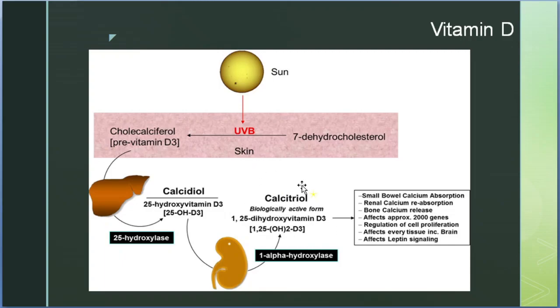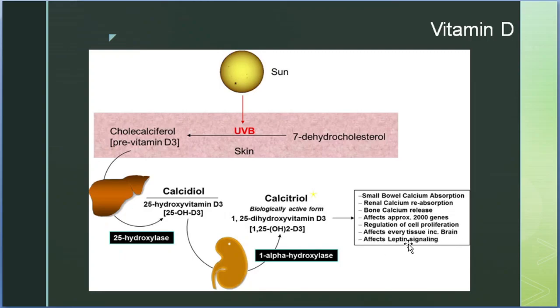So anong effect ng ating calcitriol sa ating katawan? First, small bowel or small intestine calcium absorption, which is the main net effect of your vitamin D3. There could also be renal calcium reabsorption, bone calcium release. It also affects approximately 2,000 genes, regulation of your cell proliferation, and affects every tissue, including your brain.